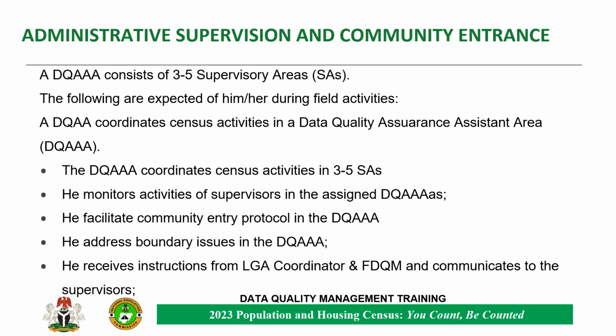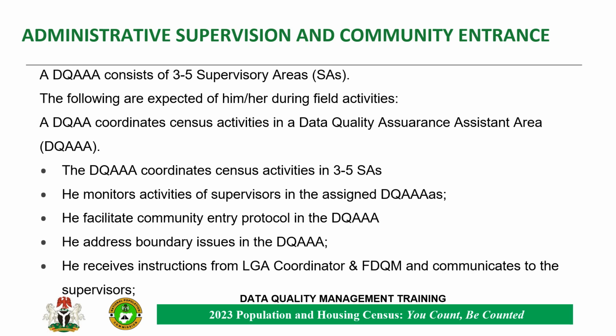A data quality assurance assistant coordinates census activities in a data quality assurance assistant area, DQAA. The DQAA coordinates, well, this is not correct. It's supposed to be the DQAA coordinates census activities in 3 to 5 EAs.